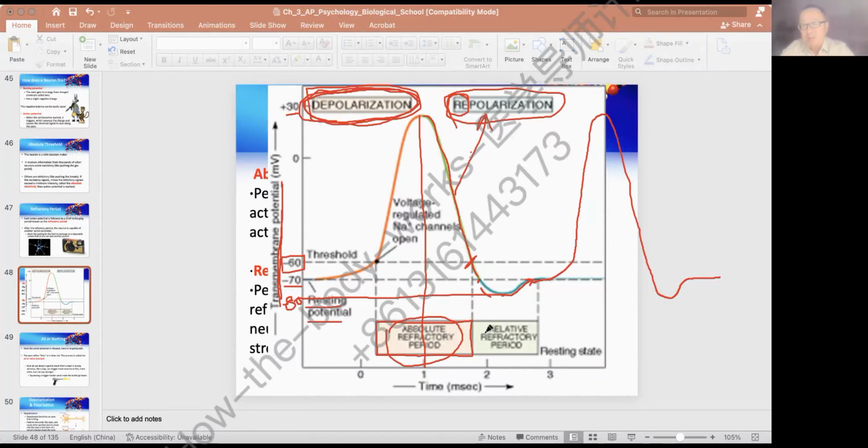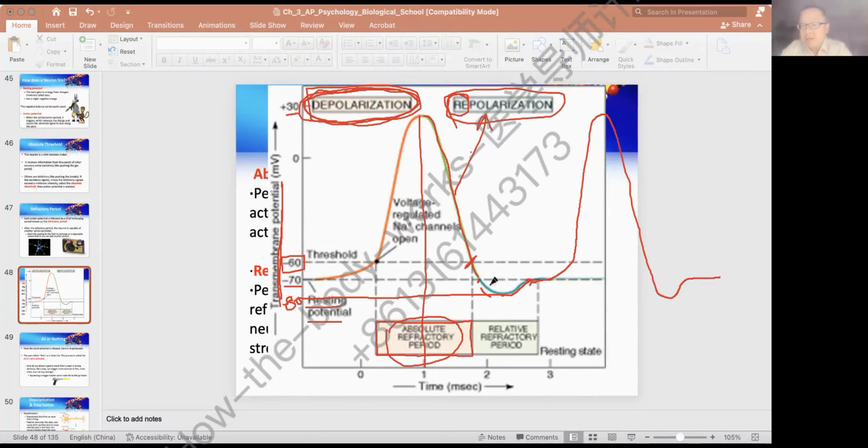Relative means to some extent, maybe 2%, 5%, 10%, or 20%, or 30%, and so on. That's to say, during the relative refractory period, it is possible for you, even though you're very tired, to talk to your classmates, your friends, your mom and daddy, even though you're a little bit tired, but not that kind of tired, and you realize that, oh yes, I have some energy left to talk to you.